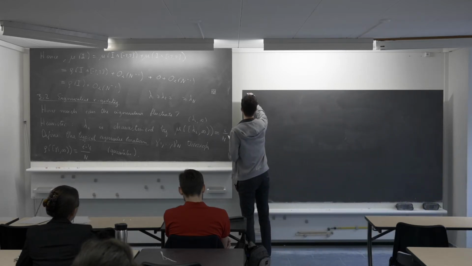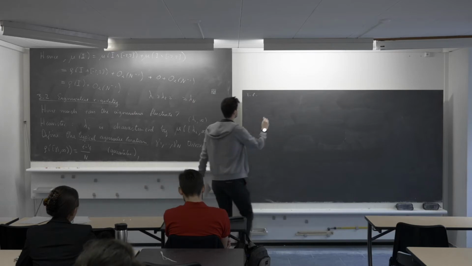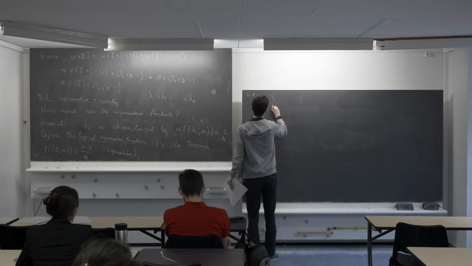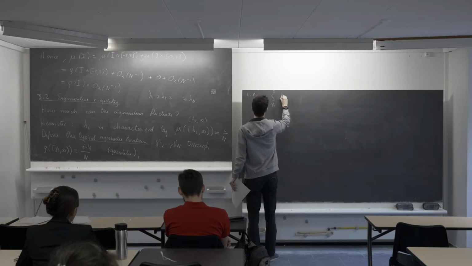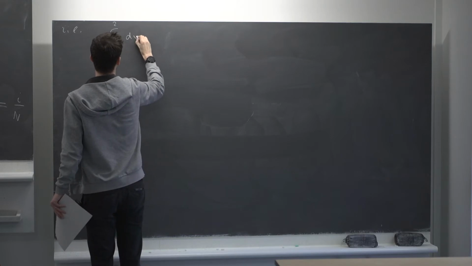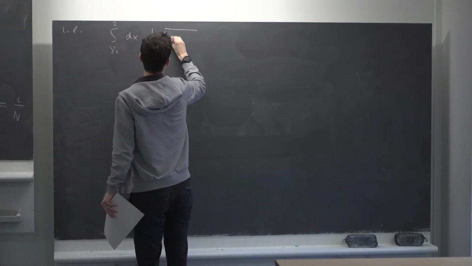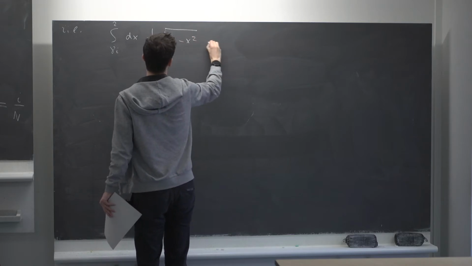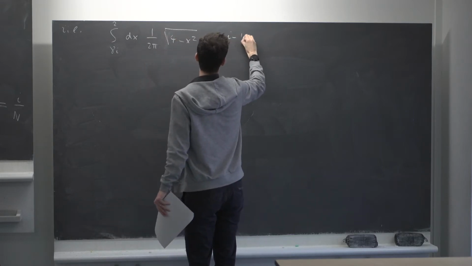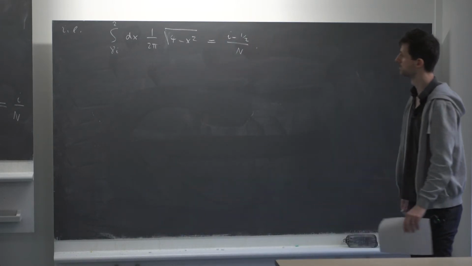So this is the integral from gamma i to 2, dx, 1 over 2 pi, square root of 4 minus x squared, is equal to that.